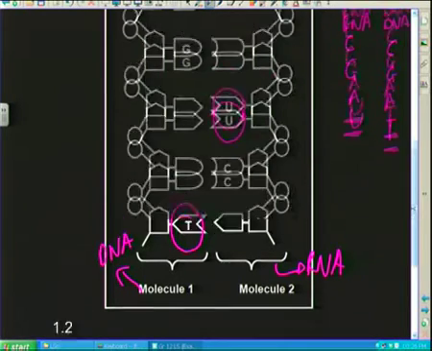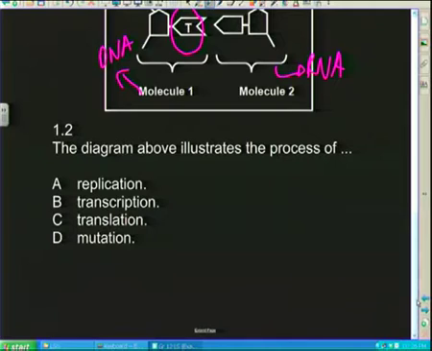Okay, so let's carry on with the question. The diagram above illustrates the process of... Now, even though this whole thought process is going through your head, what is it showing you? It says the process, and when you did the processes, there were 3 names that you needed to remember. Replication, which was when DNA makes a copy of itself.